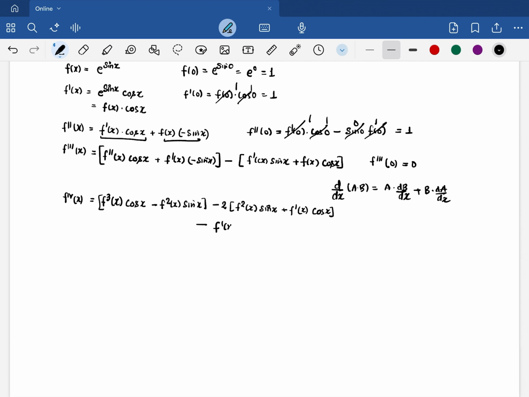So f dash x into cos x minus f of x into sin x. Let me make the things easier for you. We kept this as constant and then differentiated this one. We took this as constant and the differentiation of cos x is minus sin x, clear.